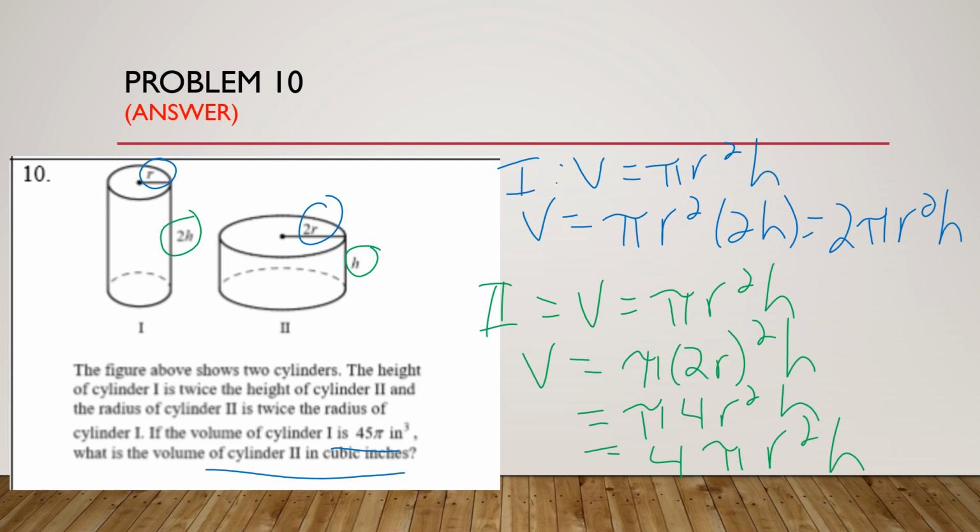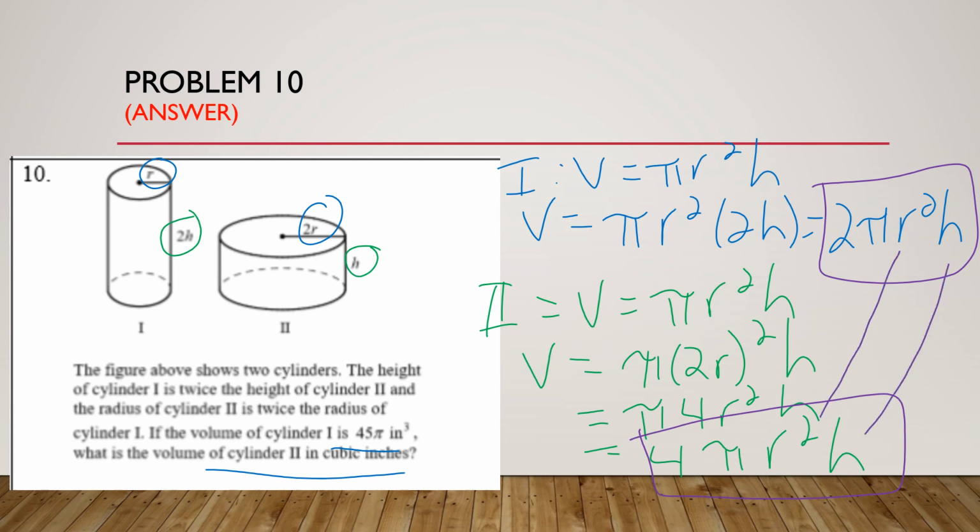When we compare the volume of cylinder 1 and the volume of cylinder 2, we see the h's are the same, the r squareds are the same, and the pi's are the same. The difference we notice is that the coefficient in cylinder 1 is 2, but in cylinder 2 it's 4, which lets us know that cylinder 2 is twice cylinder 1.